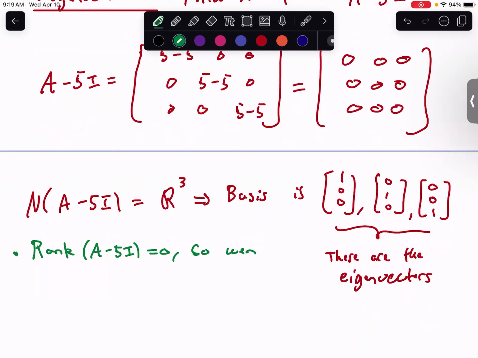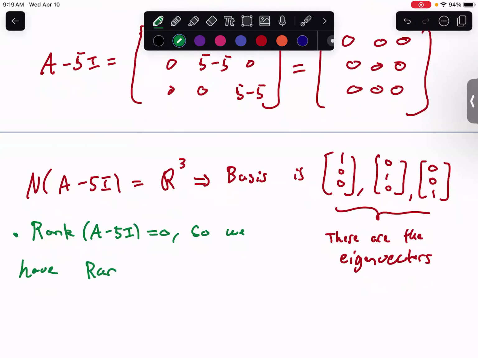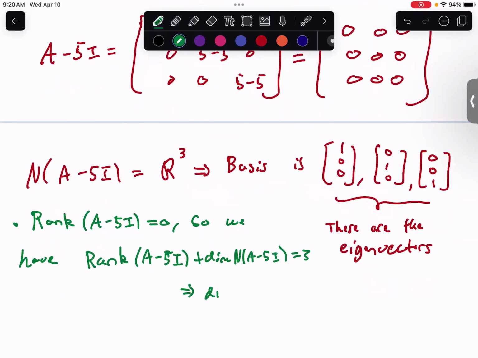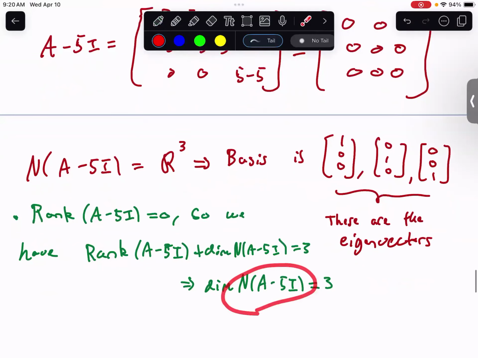So we must have the rank of A minus 5I plus the dimension of the null space of A minus 5I equal to 3, which implies the dimension of this null space has to be equal to 3. And so the eigenvectors are just the basis of this null space. So it's a 3-dimensional basis, and the null space is just R3.